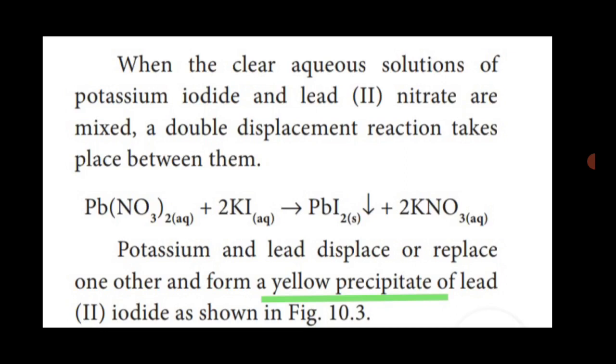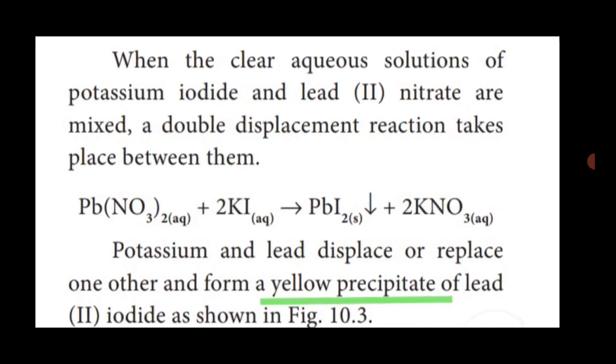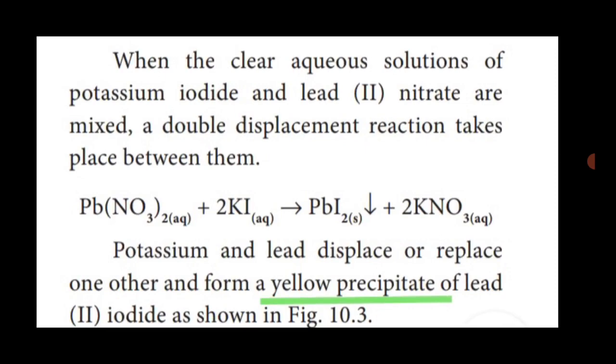Lead nitrate formula Pb(NO3)2, and potassium iodide formula KI, react to form one soluble compound and one insoluble compound. Exchange of ions: lead reacts with iodine to form lead iodide. Lead iodide formula PbI2. This is the precipitated substance.